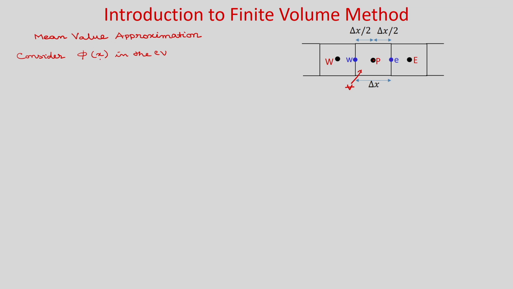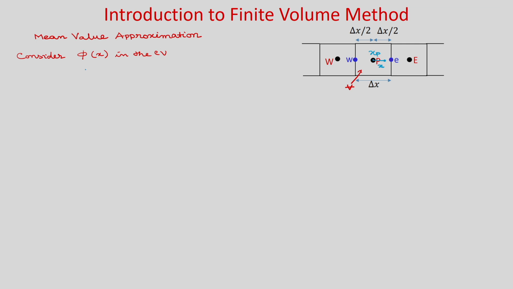So, now you expand this phi x. Here one point is x, the distance, and P is at x p distance. From the left boundary, the distance of the P center is x p, and this is your x.